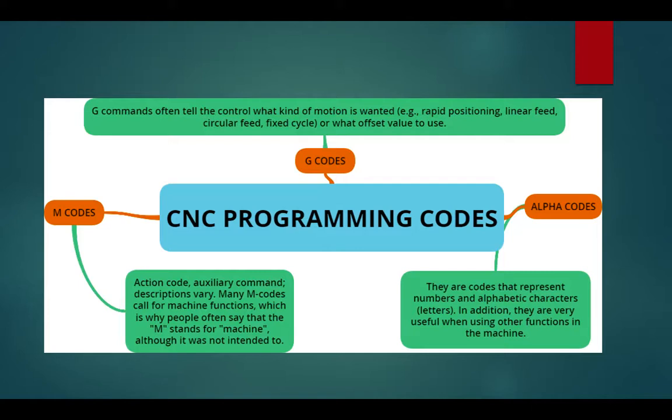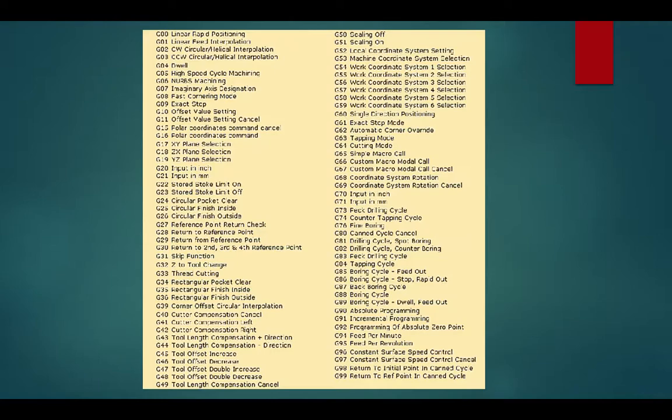Well, now we are going to see some examples of G codes. The G codes are also known as general codes. For example, the first one, G00, is linear rapid positioning.